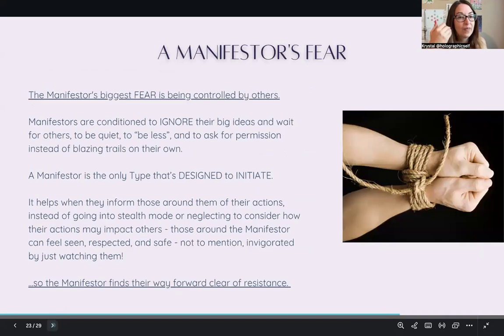And so the manifestor's biggest fear is really being controlled by others or being shut down by others. And sometimes they shut themselves down to avoid being angry at other people.